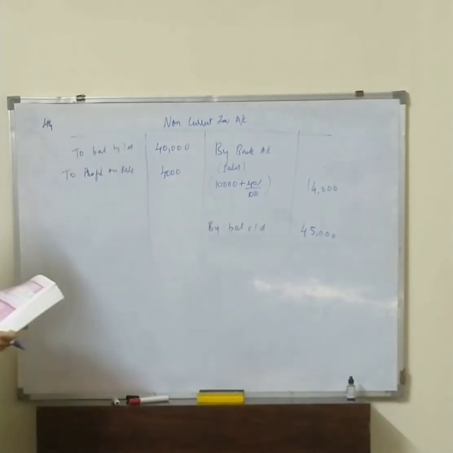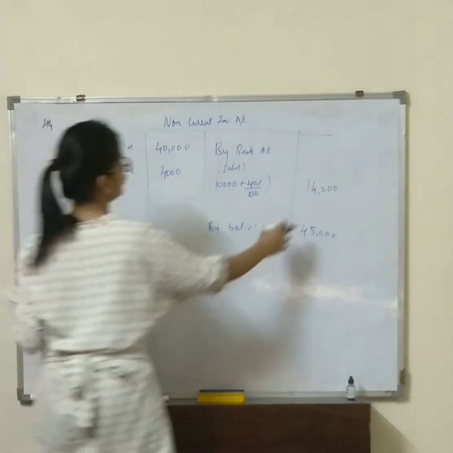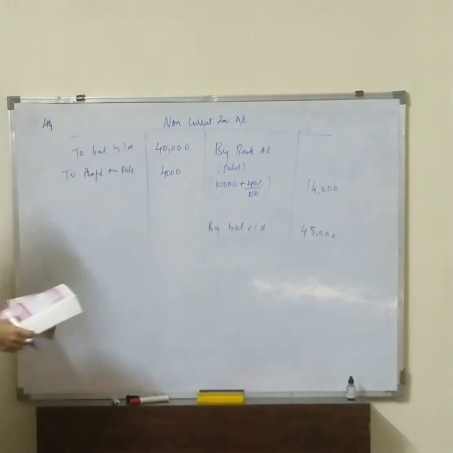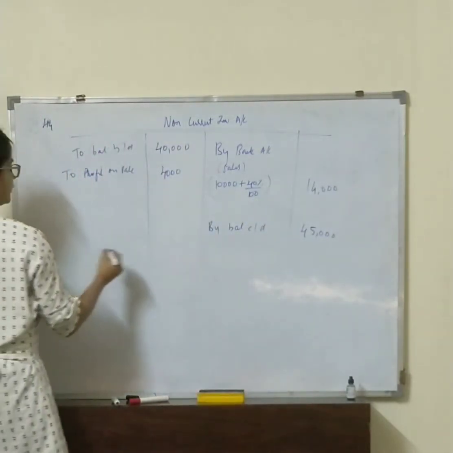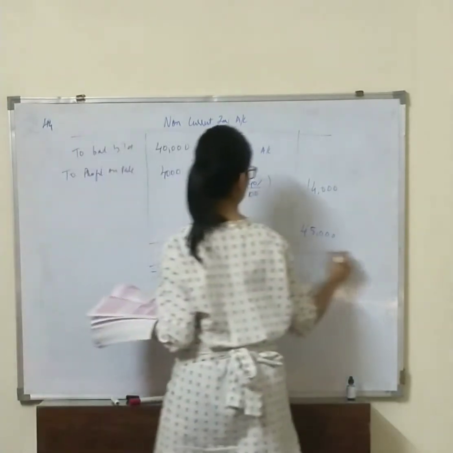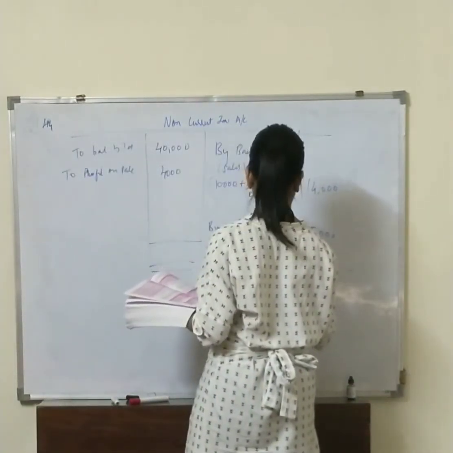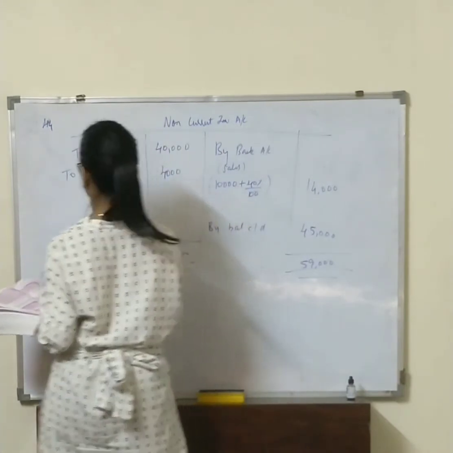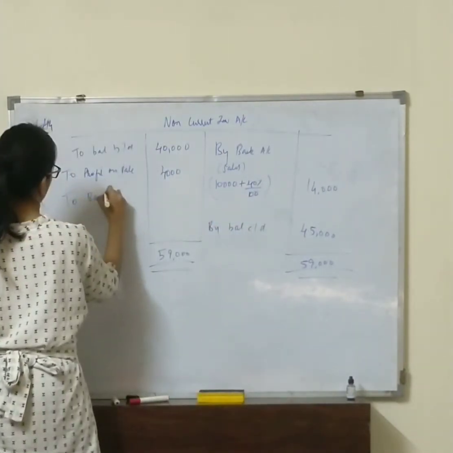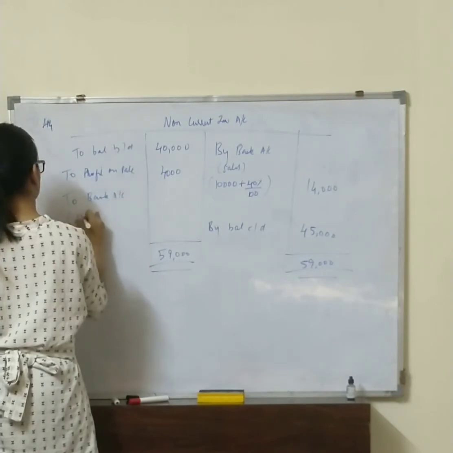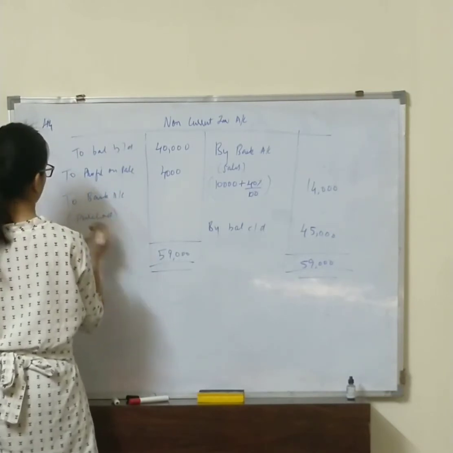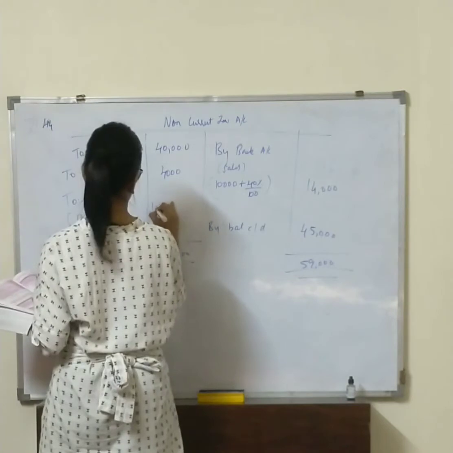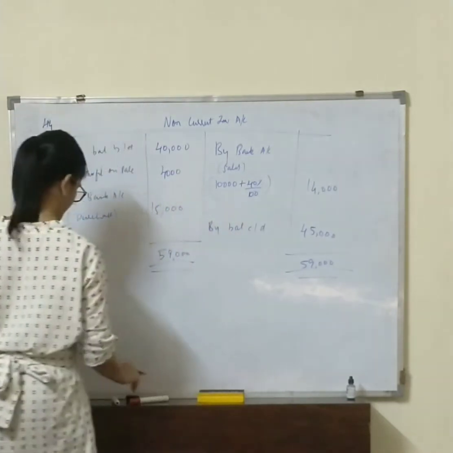The non-current investment costing 10,000 was sold for 14,000. So what is the profit? It is 4,000. So whatever balancing figure we get, which side is more? Our credit side total is more, that is 59,000. So our balancing figure will be purchase of current investment. So to bank account it is 15,000.